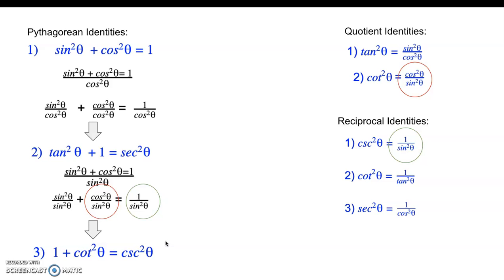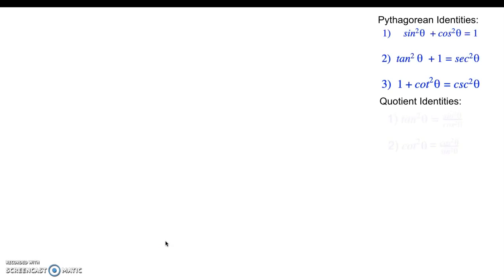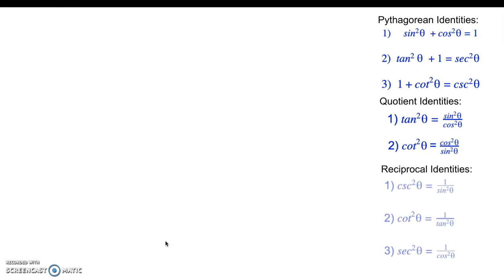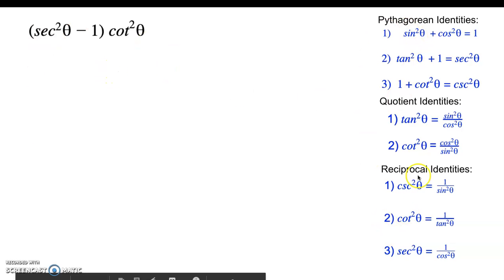Now what we can do with these trigonometric identities is reduce trigonometric expressions that we encounter. We'll have our Pythagorean identities here as a reminder, and our quotient identities as well as our reciprocal identities. Let's try simplifying secant squared theta minus 1 times cotangent squared theta. What we can do is look for similar characteristics between this expression and our identities.